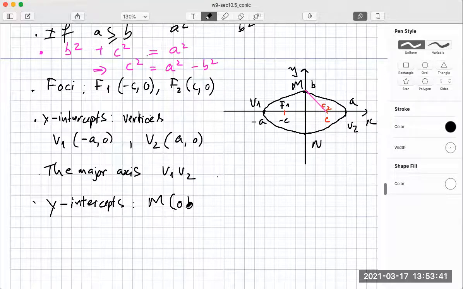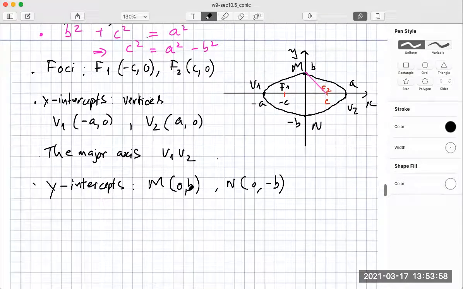Yes, 0, b, and N will be? Thank you, 0, minus b. These are all things we need to know about the ellipse, and this we call the minor axis, MN, okay?